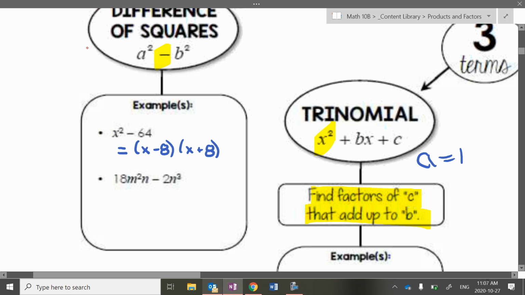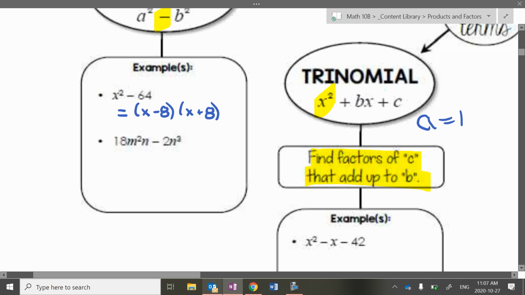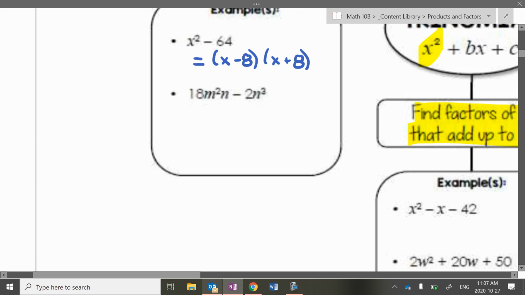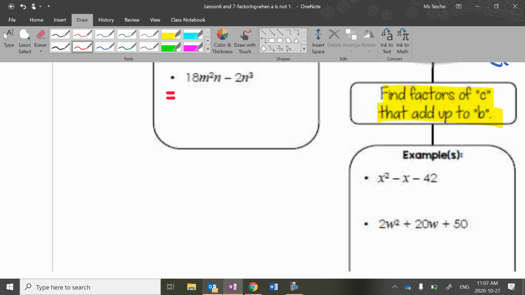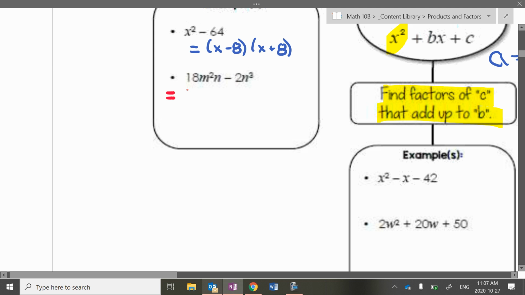This next one, we have 18m squared n minus 2n cubed. We have a GCF here. What is our GCF on this question? 2n. 2 goes into both of those, and there's an n on both terms, leaving us with 9m squared minus n squared.